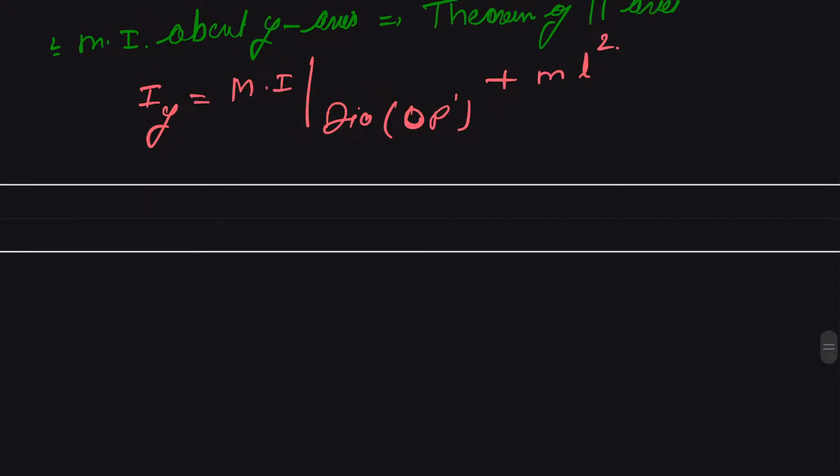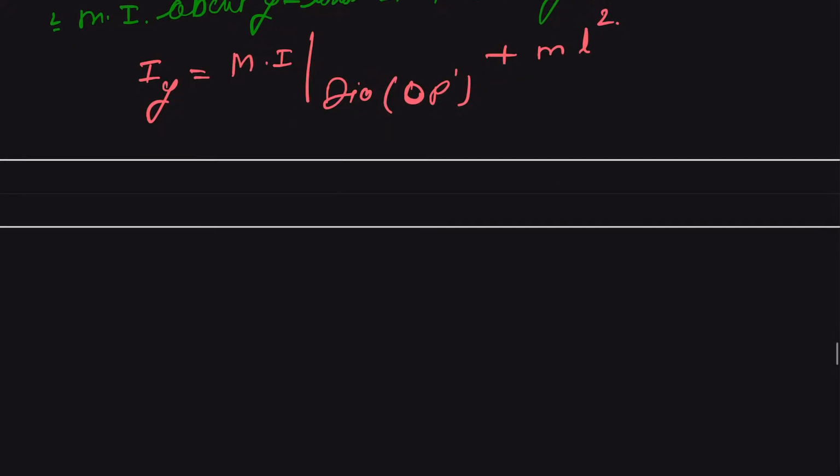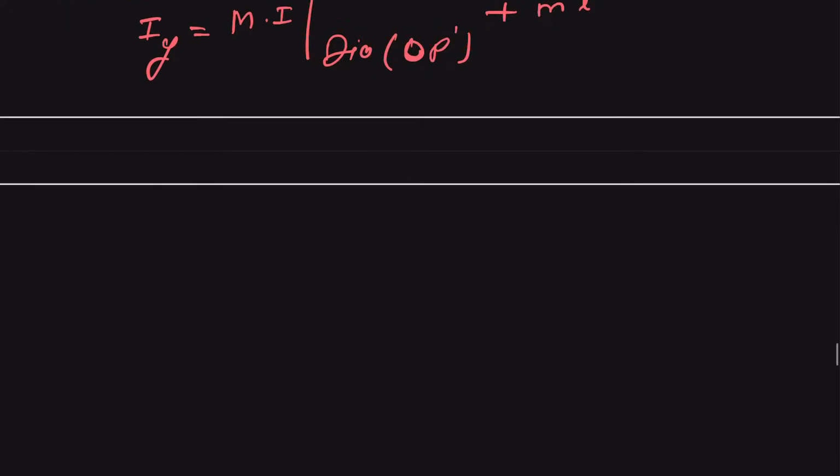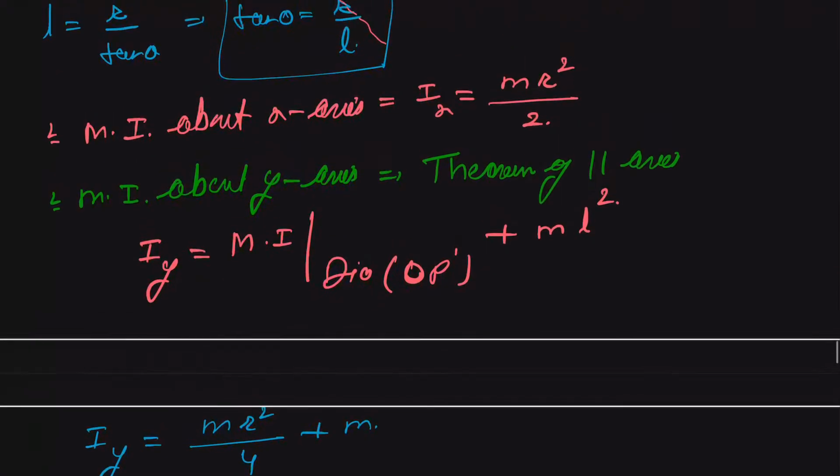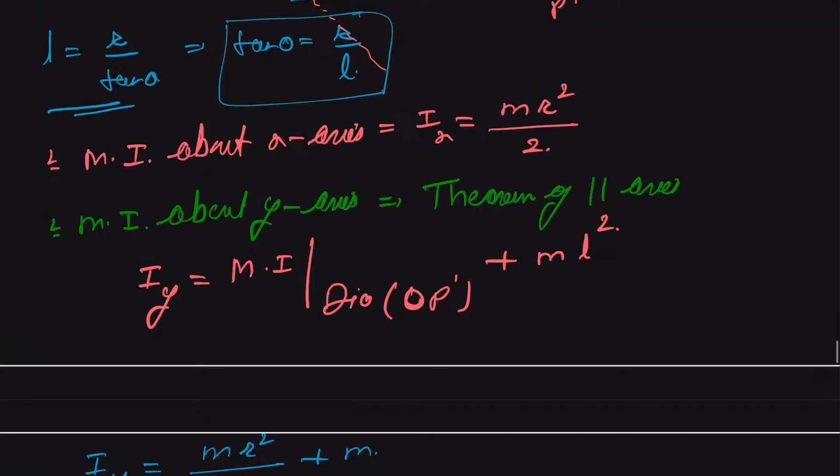And simply substituting the value of the moment of inertia about the diameter, we get that our I of y will be equal to m r square upon 4 plus m, and we already know the relationship between L and R, so we are going to use that.